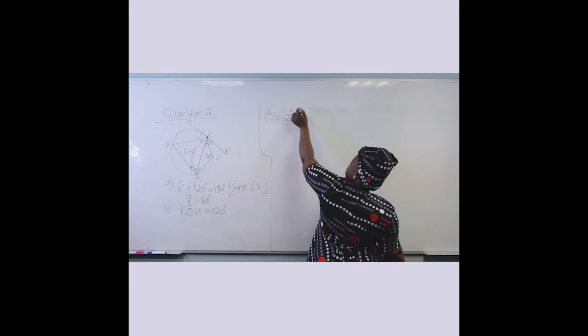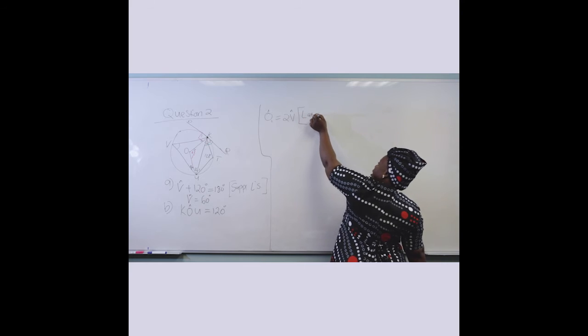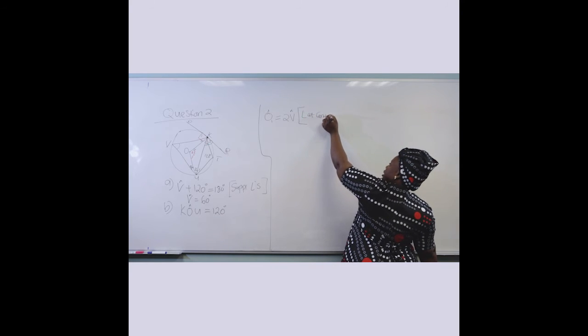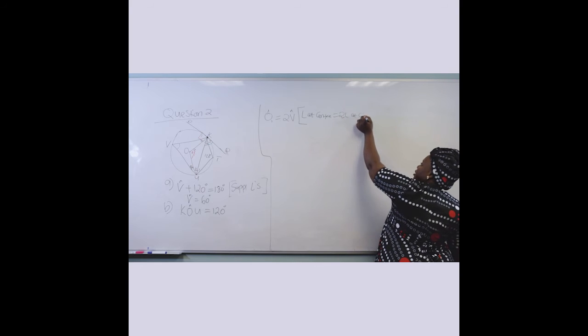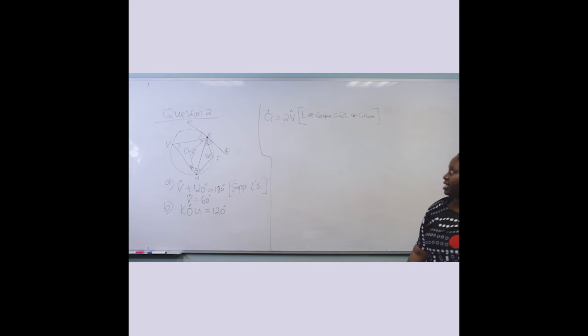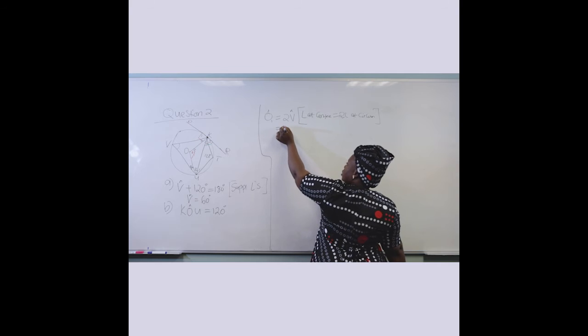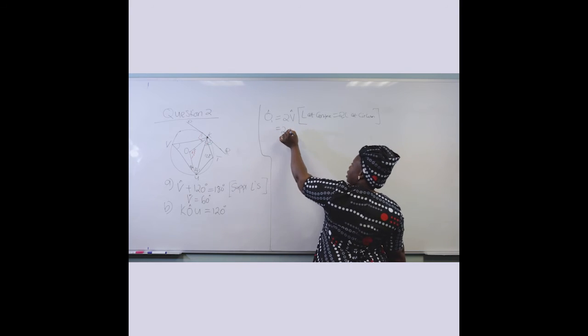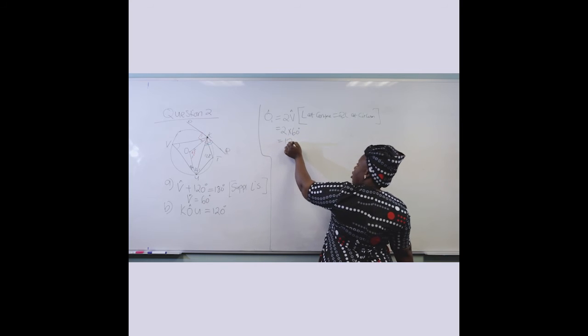By saying this, it means you'll have to give us a reason: angle at center equals twice angle at circle, meaning the angle at the center is twice the angle at the circumference. So remember V was given to be 60. You just saw it there. So this is multiplied by 60, which is giving us 120.